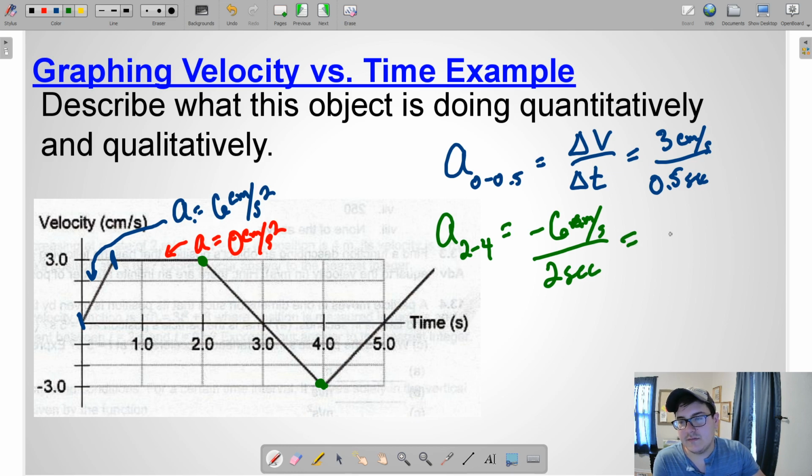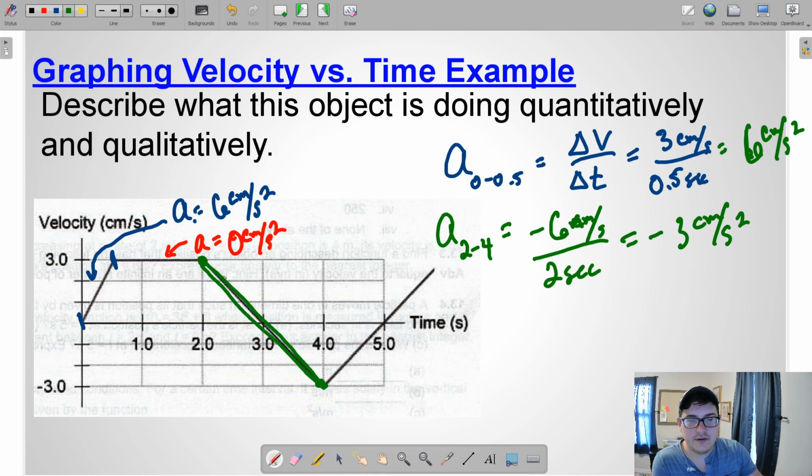So -6 divided by 2 is -3 centimeters per second squared. I forgot to put my final answer over here, so let's put that in there. There we go. Alrighty, so this time interval is -3.